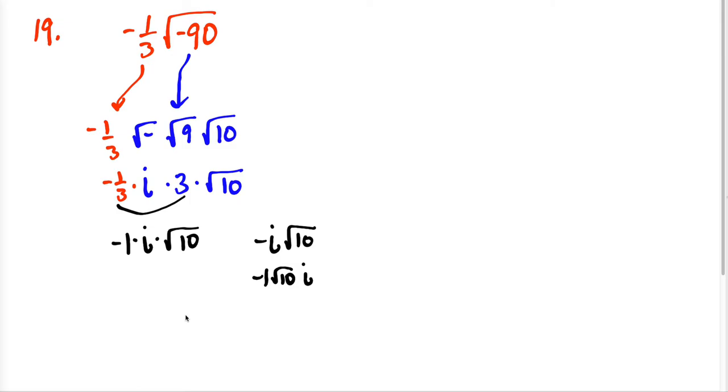So that's 19. Now, is there maybe one of those lines I wrote that you're just not sure why? This particular line, many people do in their head, and if that's you, you can do that too. There's nothing wrong with doing this step in your head.